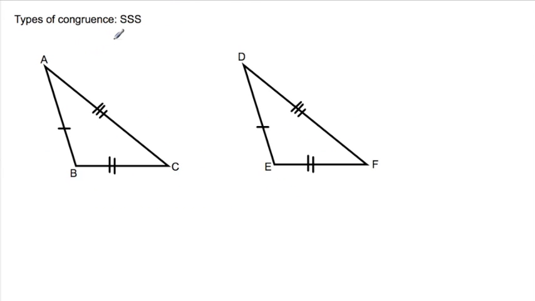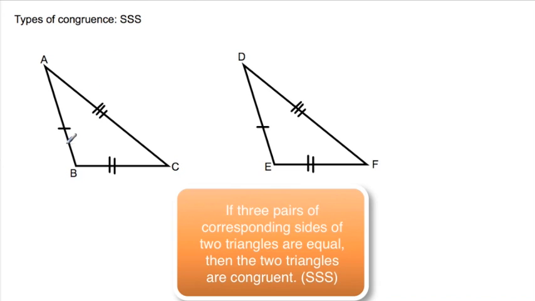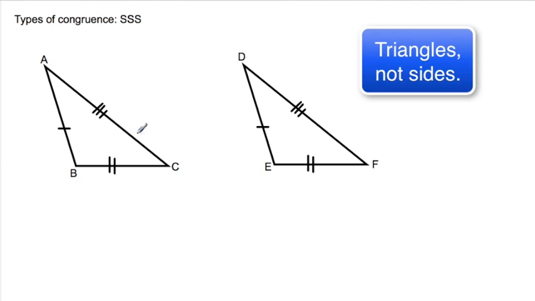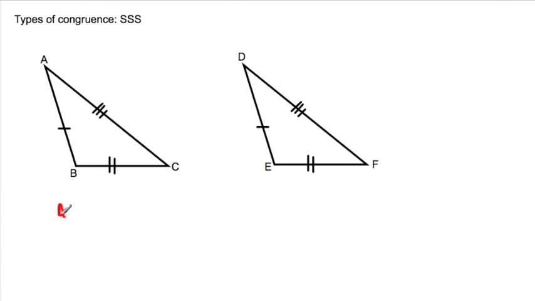The first type of congruence we're going to go over is side-side-side congruence. If 3 pairs of corresponding sides of 2 triangles are equal, then the 2 triangles are congruent. This is the side-side-side test. Here we can see that AB is equal to DE, BC is equal to EF, and AC is equal to DF.